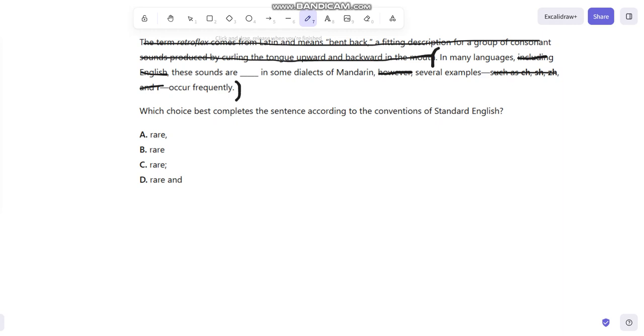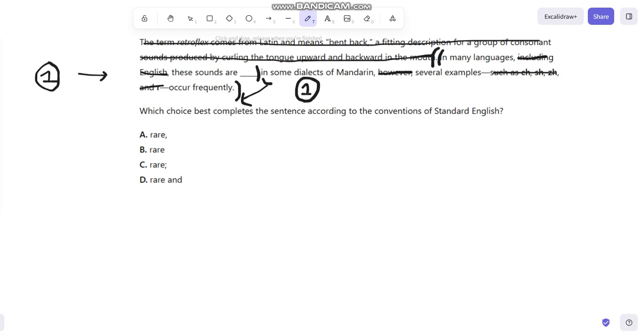If you read from this part all the way to the end, then you realize that there's a single standalone sentence. That means whatever you read before that has to be a complete sentence that stands on its own. So from here, in many languages, to this blank space, this must be one single sentence.